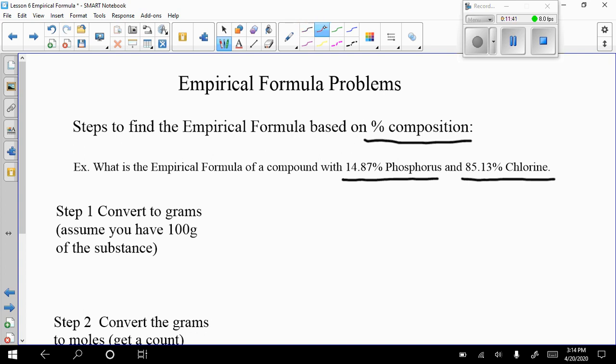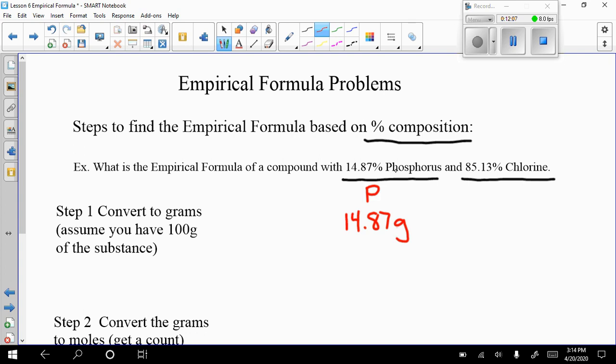Okay, so here we go. We're going to do that example as I show you these steps. Step number one is to convert to grams. Basically, given your percent composition, assume that you had 100 grams. So watch this. I'm going to put a P here for phosphorus. If I had 100 grams, I would have 14.87 grams of phosphorus.